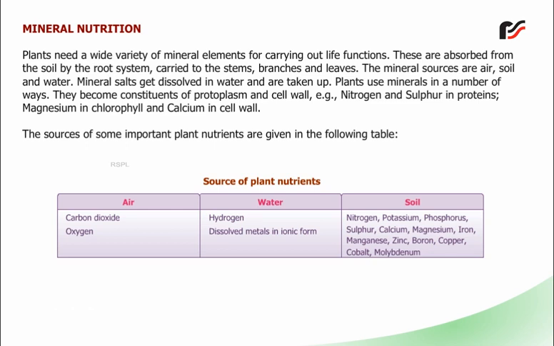Air: carbon dioxide, oxygen, water, hydrogen, dissolved metals in ionic form. Soil: nitrogen, potassium, phosphorus, sulfur, calcium, magnesium, iron, manganese, zinc, boron, copper, cobalt, molybdenum.